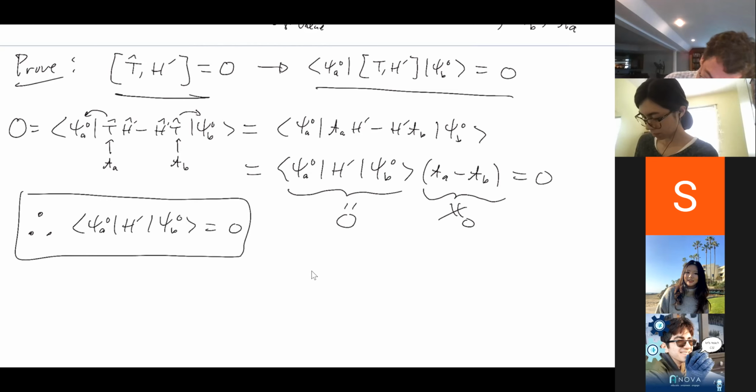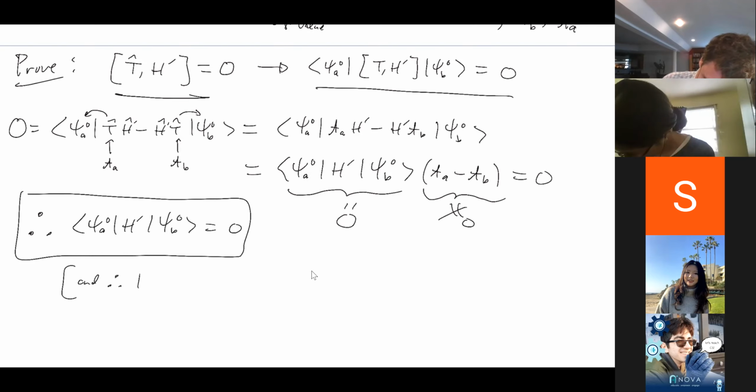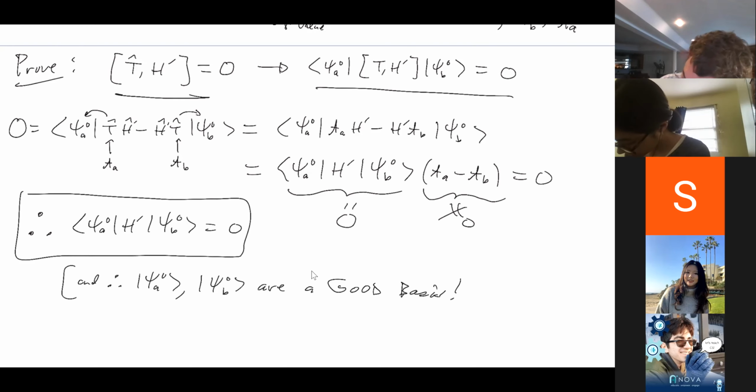And I will just add, and therefore psi A naught and psi B naught are a good basis. So that's the trick. The trick is that we have to find a basis that are non-degenerate eigenstates of a third operator that commutes with our perturbation.